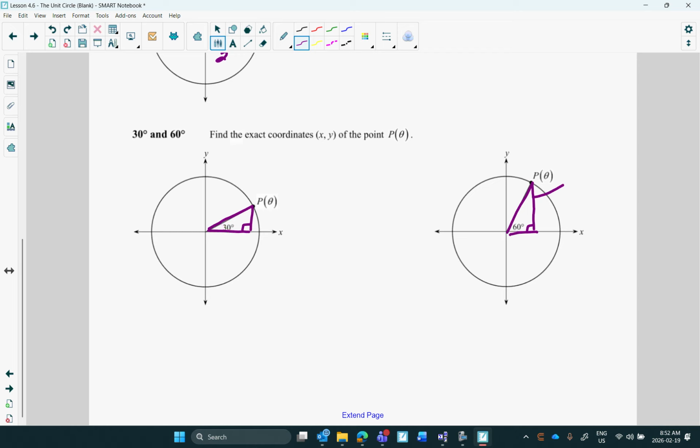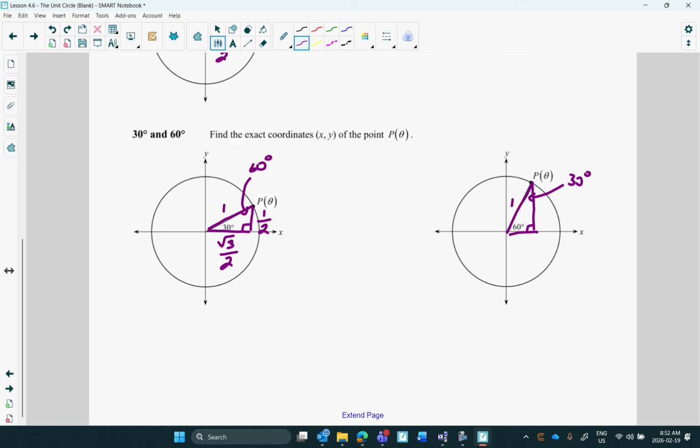So this would obviously be 30 degrees here, and this would obviously be 60 degrees here. Well, remember, we just created right triangles where the hypotenuse was 1. What was the length of the long side? Not 1 over 2, root 3 over 2. The shorter side is 1 over 2.